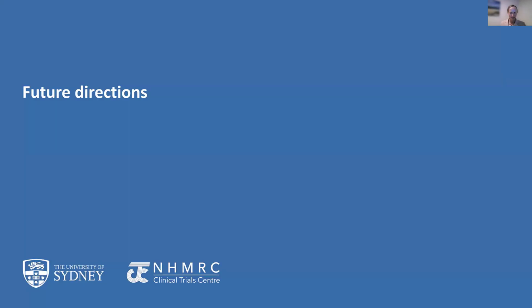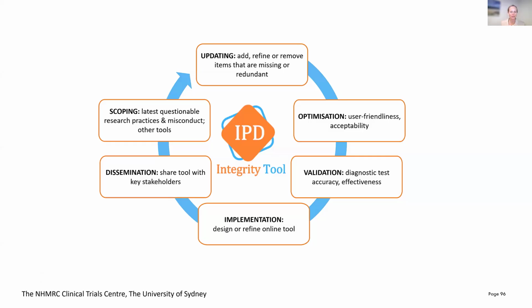And lastly, the future direction. The tool is not intended to be static. We are working to continually update and refine it. Like Lene said, we're doing a lot of piloting and getting feedback on items that maybe can be added, removed or refined. We are working with a digital expert to develop a more user-friendly web interface, which hopefully will be ready for testing soon. We're doing validation.